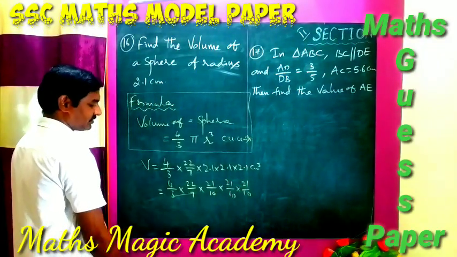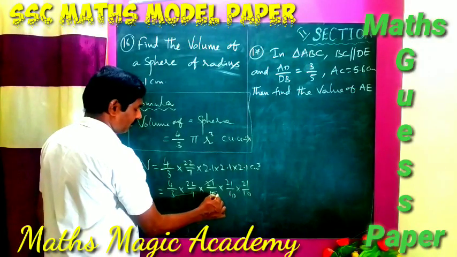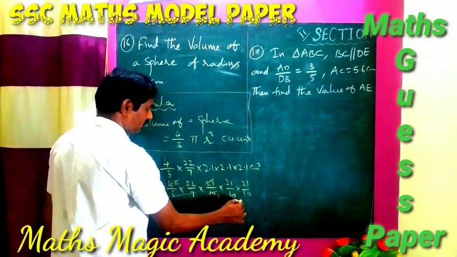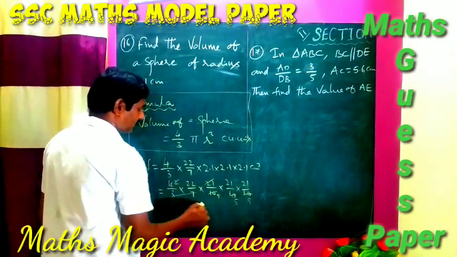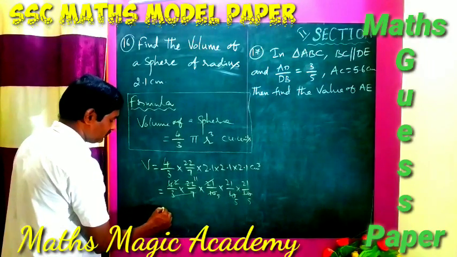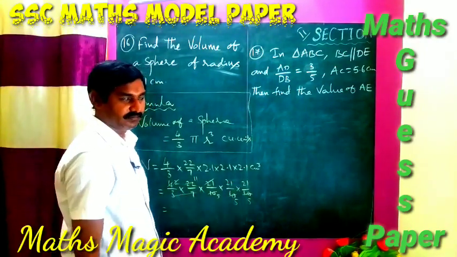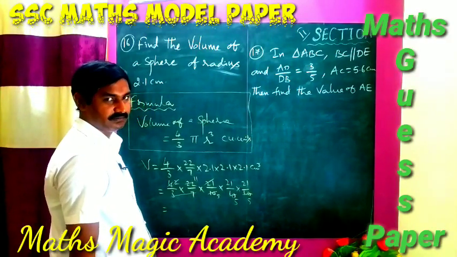Now 3 7s are 21, so this 21 can be eliminated. And 2 5s, 2 2s, again 2 5s, and here also 2 5s, 2 11s. So here 21 into 21 is 441, and then 441 into 11.